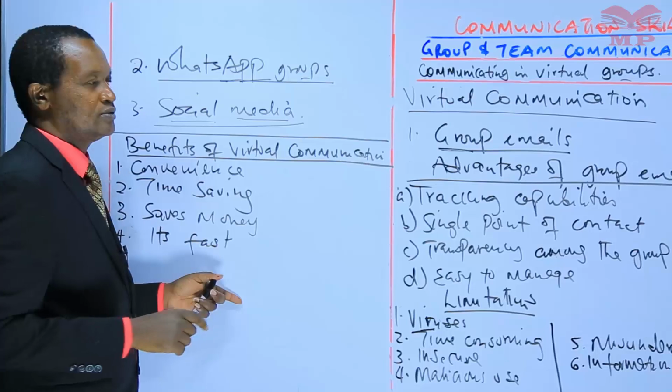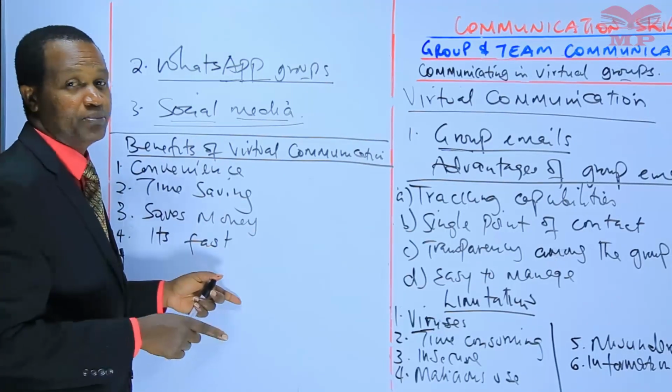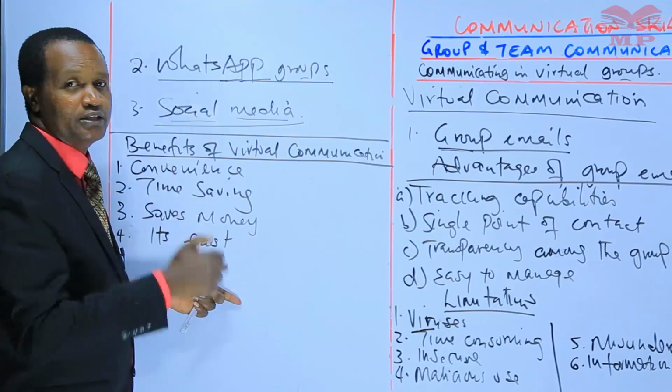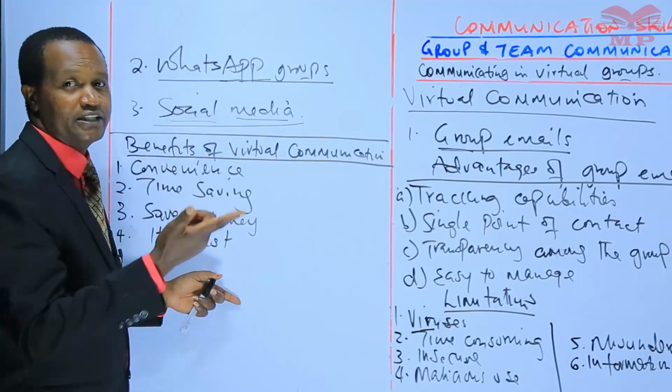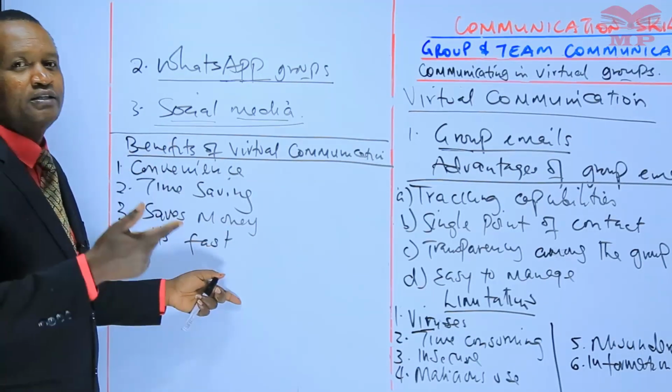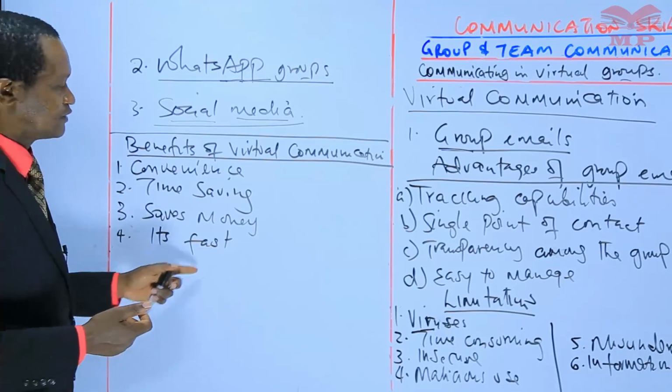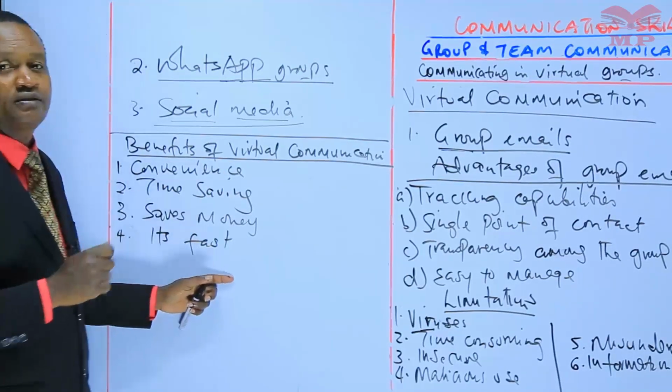For example, if you are writing a message on WhatsApp, just drop the message, then you click it. The message is sent and received instantly. It's fast. Virtual communication is fast.